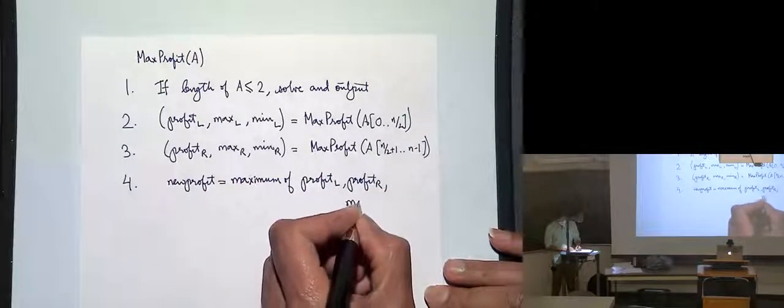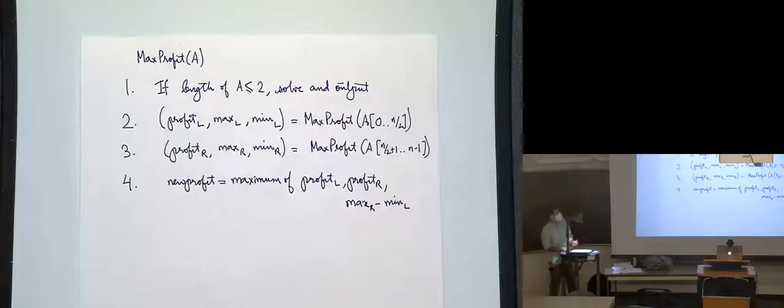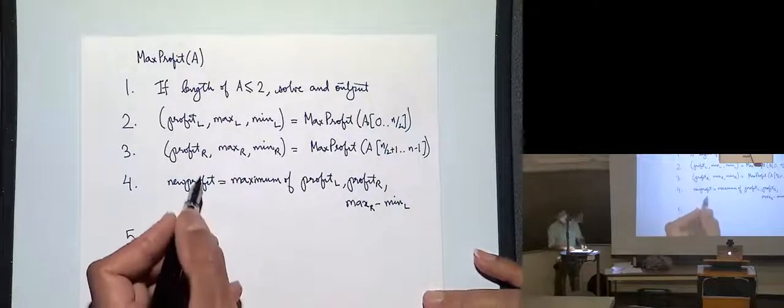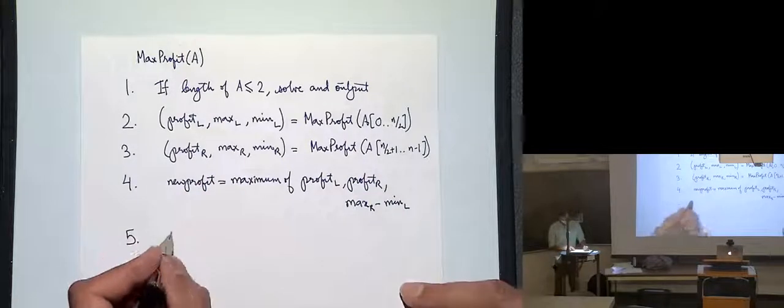So max R minus min L. So this is the new profit. But we also have to compute the new max and the new min, because we have to return all three values.